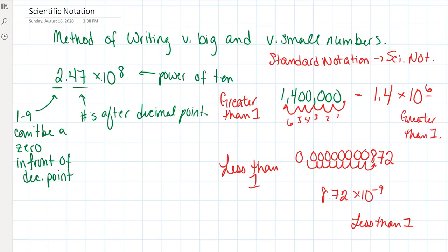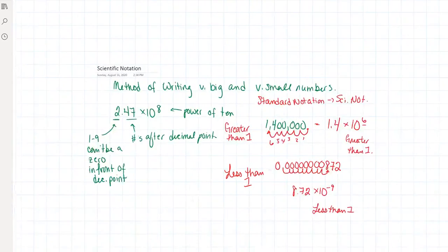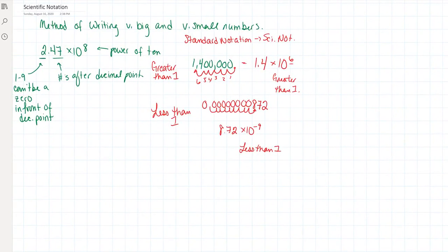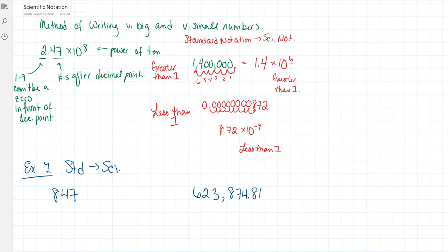So let's look at a little bit more practice, thinking about our protocols here. We're going to look at 3 examples together. For our first example, we're going to take the approach where we go from standard notation to scientific notation. I have 847. I have 623,874.81.